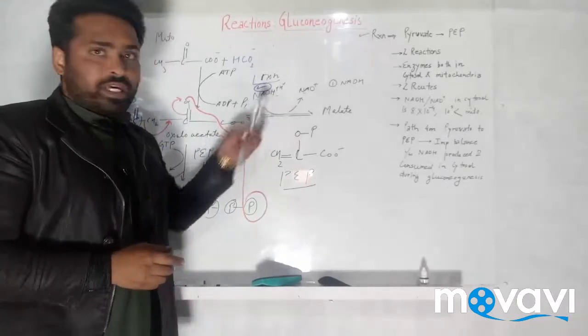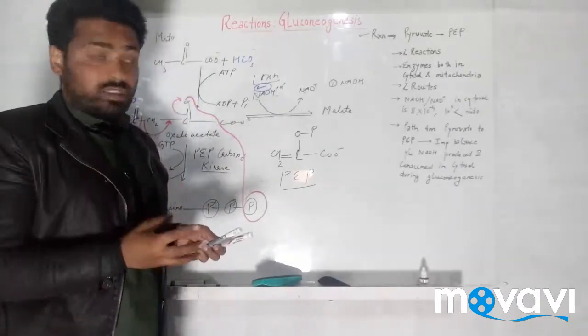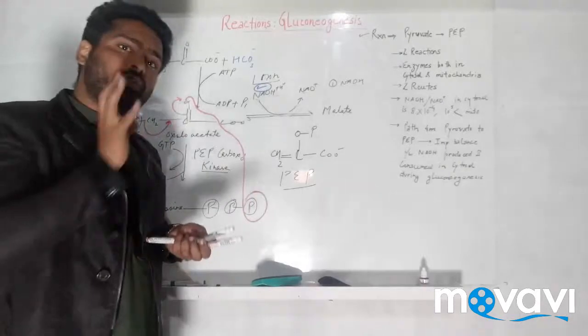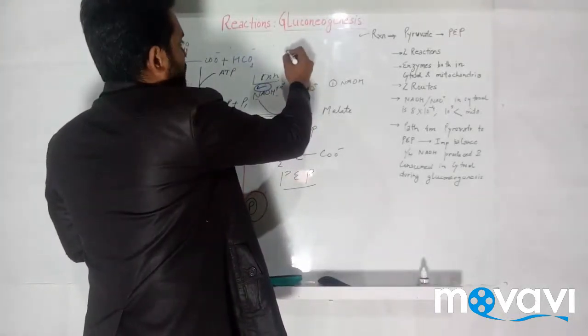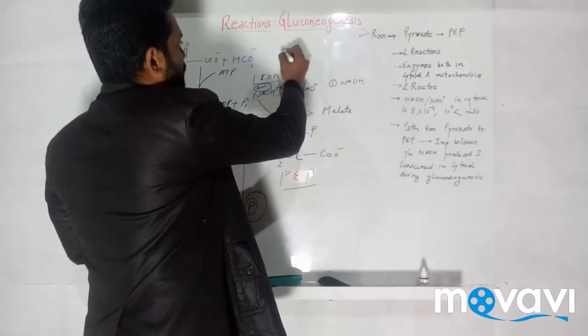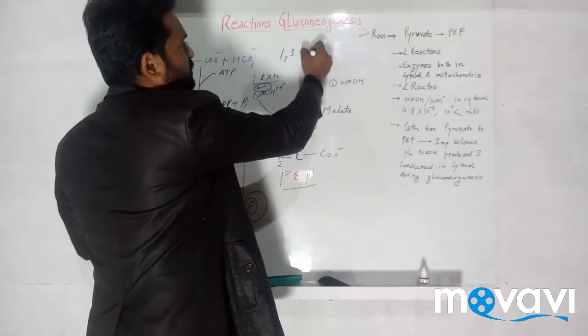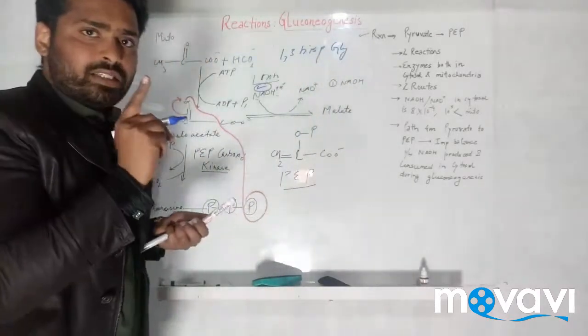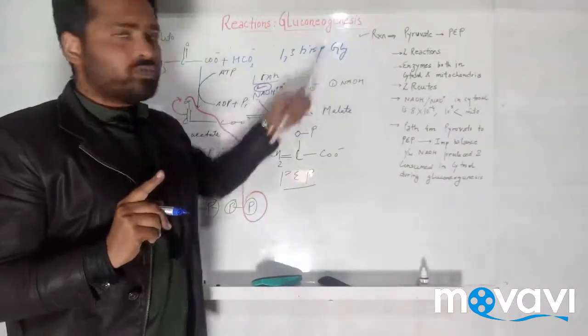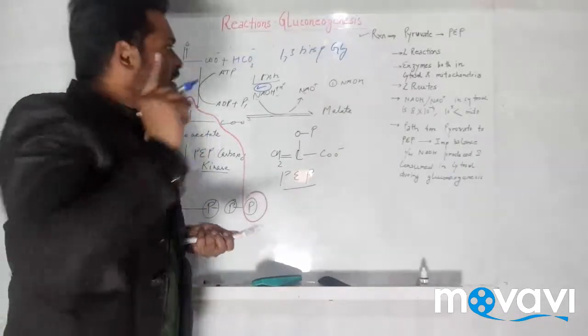So we need this reductive agent for the biosynthesis of glucose, because it is already used in converting 1,3-bisphosphoglycerate into glyceraldehyde 3-phosphate.